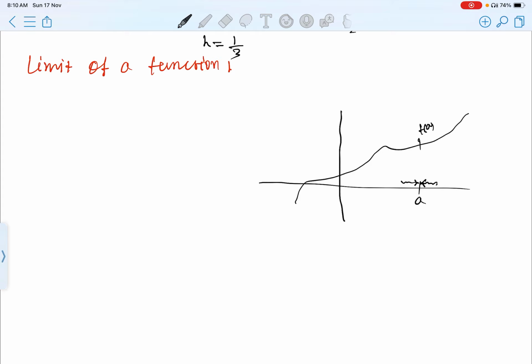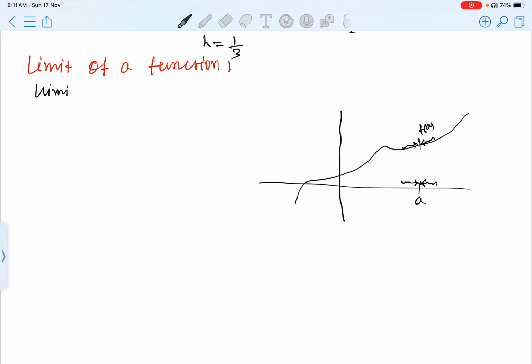If the function is coming to a particular value from this side and also from this side, then we can say that the limit of the function is that particular value. Let me write the definition, then I can also give you an example.